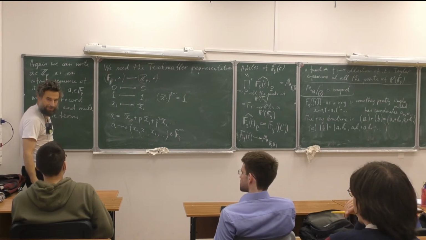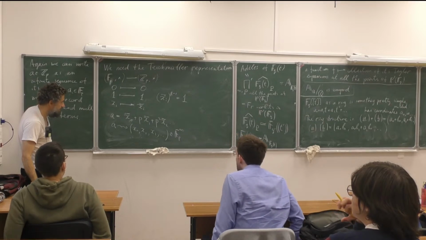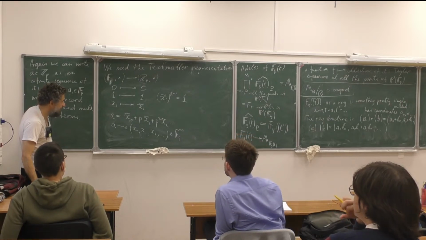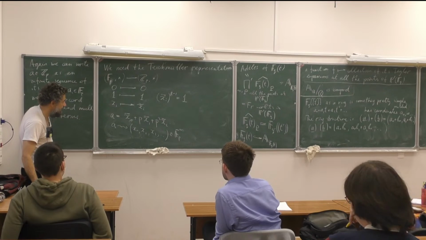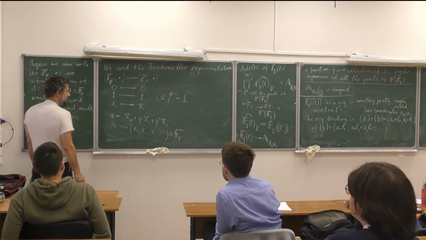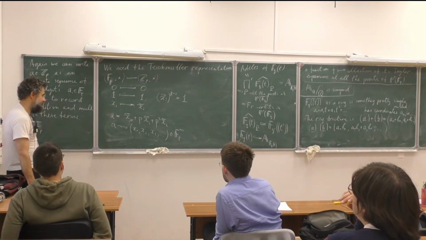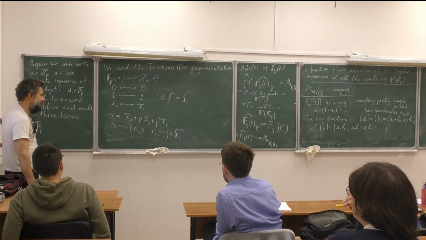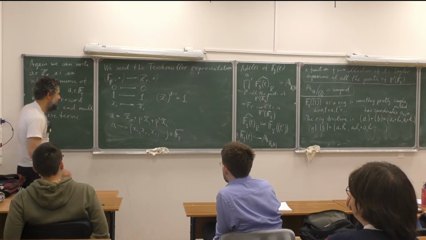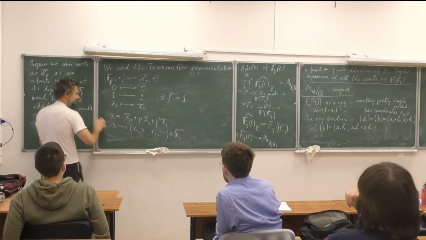What you had in your home assignment? I don't understand. What is x with index p plus 1 tilde? We have only p representatives. I'm sorry. Maybe I shouldn't write the index here, just like this.